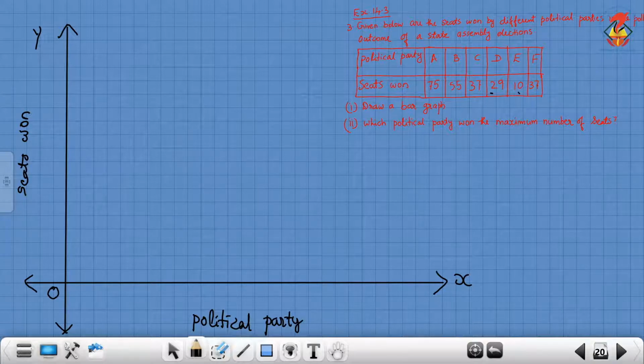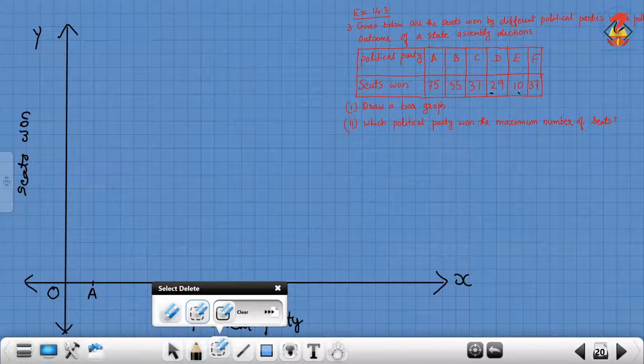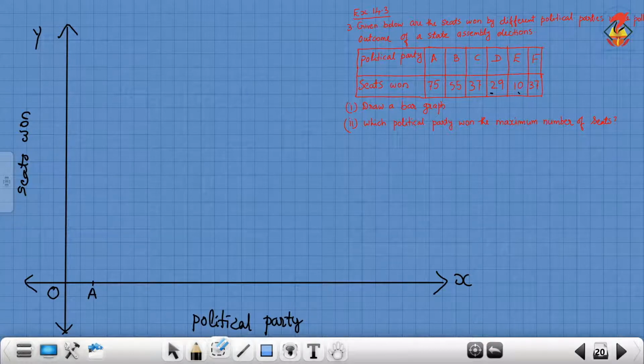First leave 2 units, then mark A. Again you leave 1 unit, B, next C, next D, E, F.